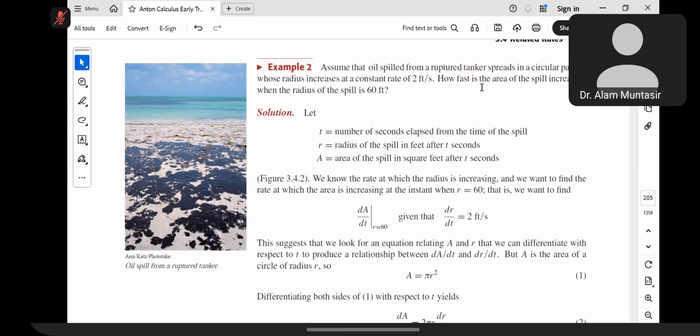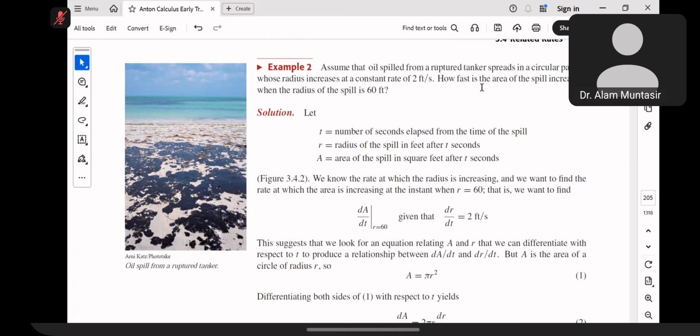That means if we consider a ruptured tanker, then oil spreads like a bubble, okay? And it has a round circular shape having a particular radius. And the radius increases at a constant rate of 2 feet per second.